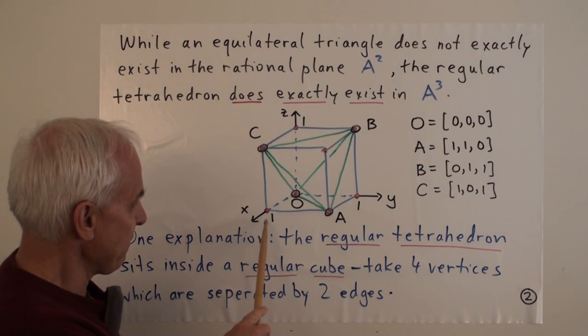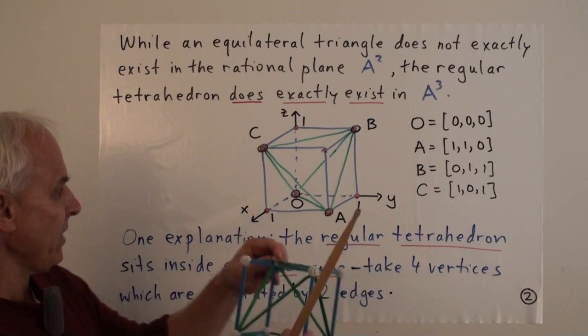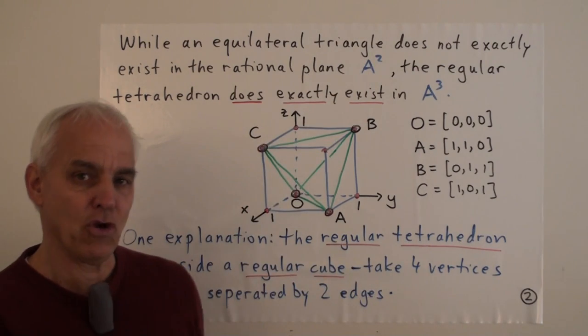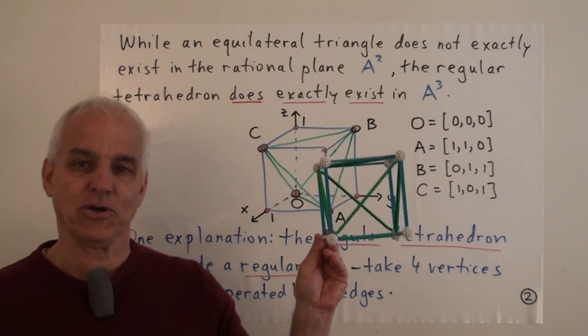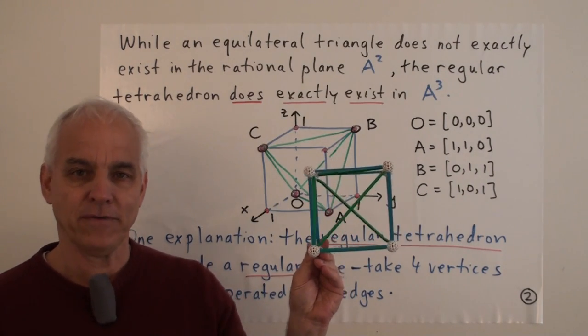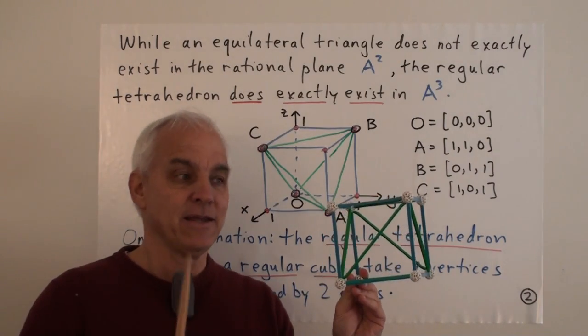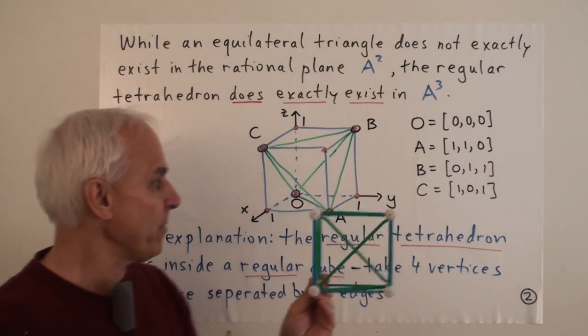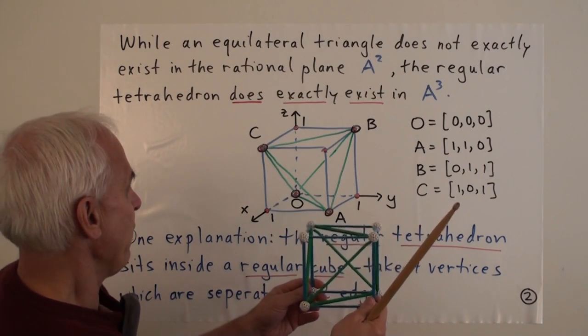So here we have 3-dimensional space, and in this 3-dimensional space we see a cube. And it's really the existence of this cube that allows us to assert the existence of a regular tetrahedron, because the regular tetrahedron is contained inside the cube. All right, so let's see if we orient this in the same way over here.